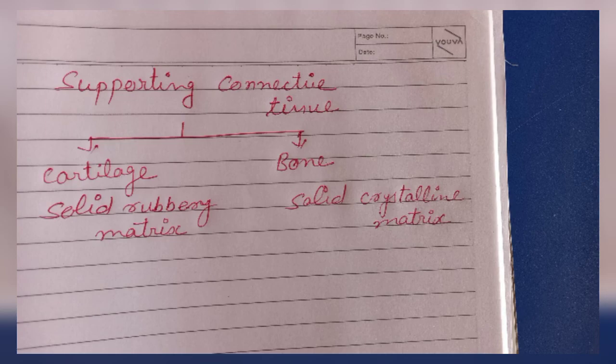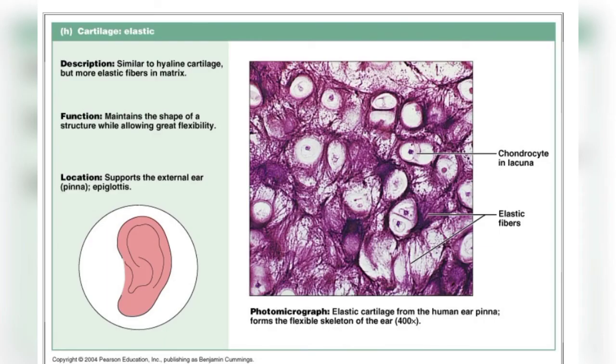If we talk about cartilage, it is a specialized connective tissue having widely spaced cells. You can see in this image the ear lobe, the outer ear of our body, which has cartilage that provides smoothness to the bone surface at the joints.